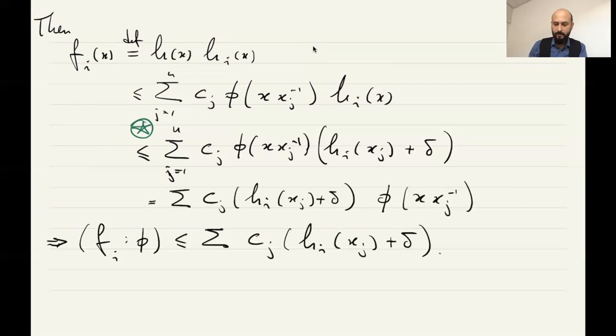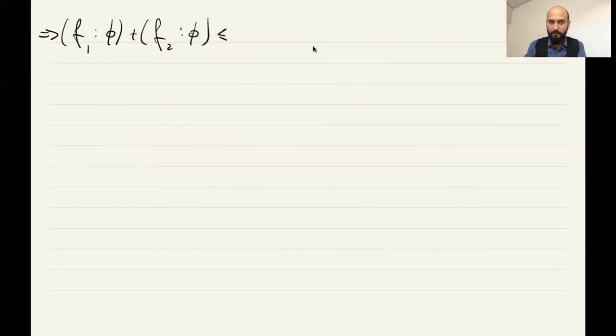Now let's sum this quantity for i equal to 1 and 2. So we have f1 with respect to phi plus f2 with respect to phi. Just apply the previous bound.